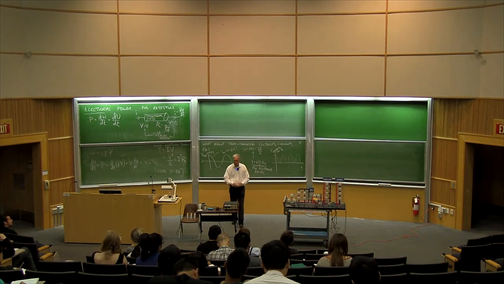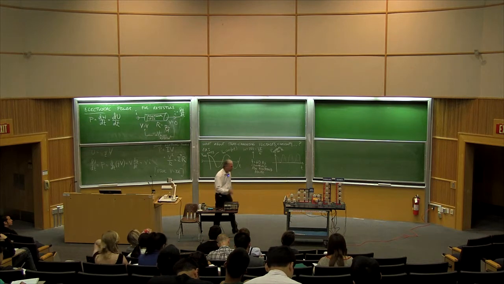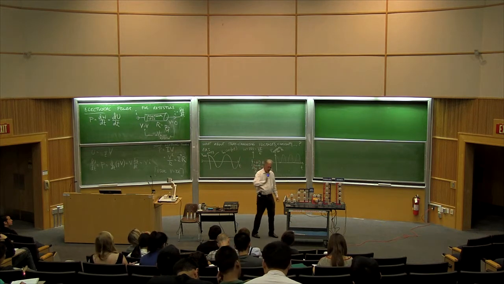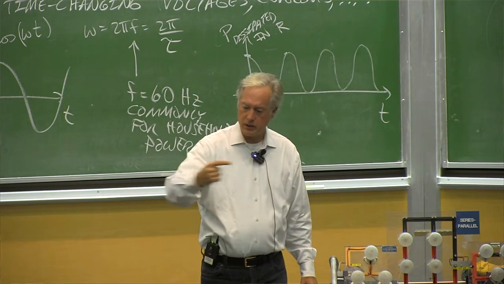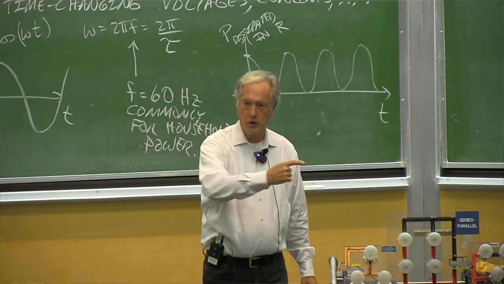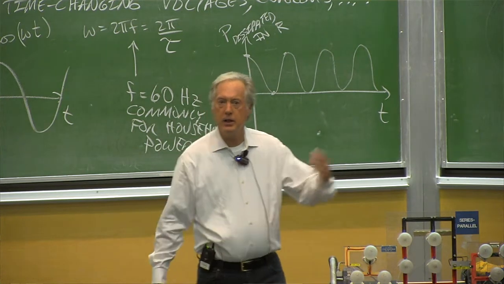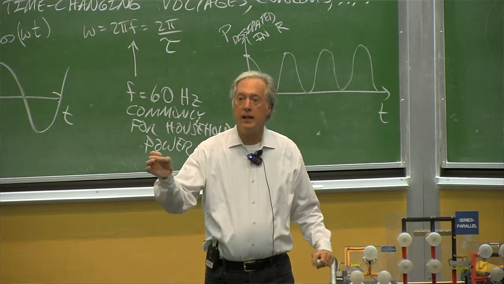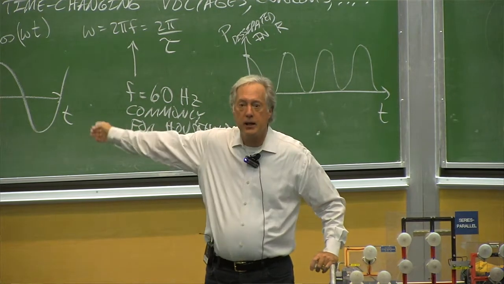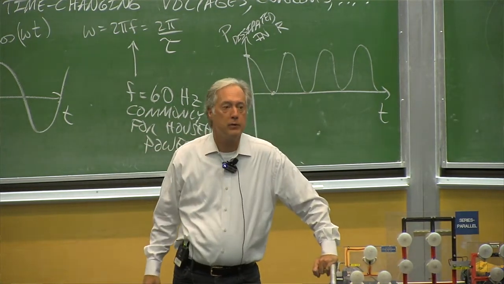Well, let's see now. That means that if you had a 60 cycle current, it's going this way, back, this way, back, this way, back. It means that even though the power station is providing the energy for it, the electrons that are doing the movement through that resistor don't move very far.